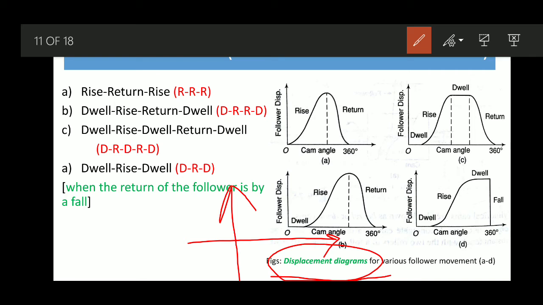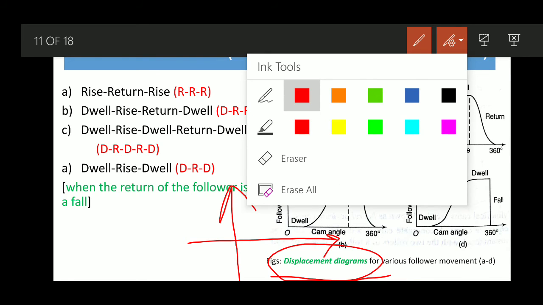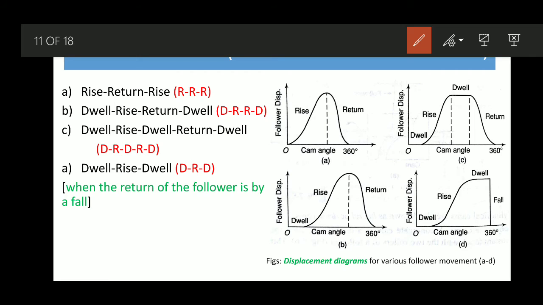Because we are interested in, when the cam is moving, what is the position of the follower, or how much displacement is there in the follower, and at which position of the cam it is. So the displacement diagram shows how the follower has displacement or movement during a revolution of the cam.